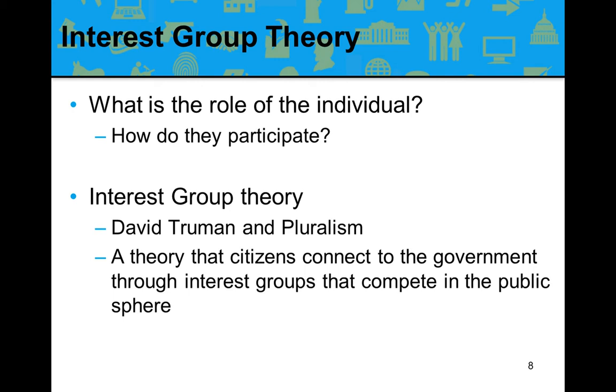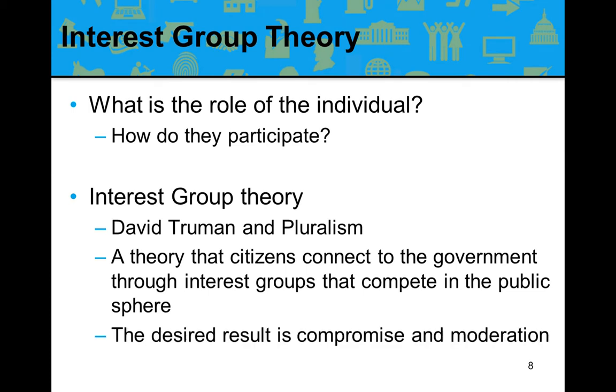They're in different interest groups. They compete in the public sphere through the voting process, through public awareness, through political action campaigns. And then the government produces some sort of compromise on that particular issue. So the result is a compromise and some moderate policy, where each extreme view is moderated in some form or fashion. Okay.